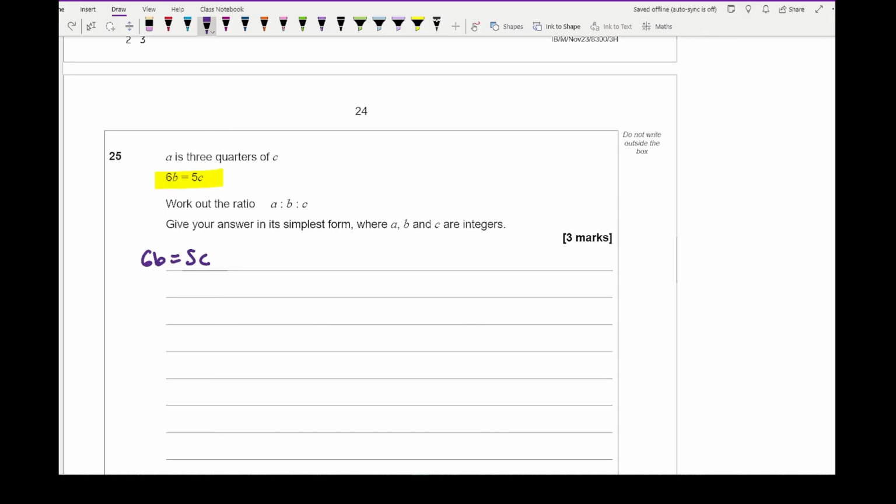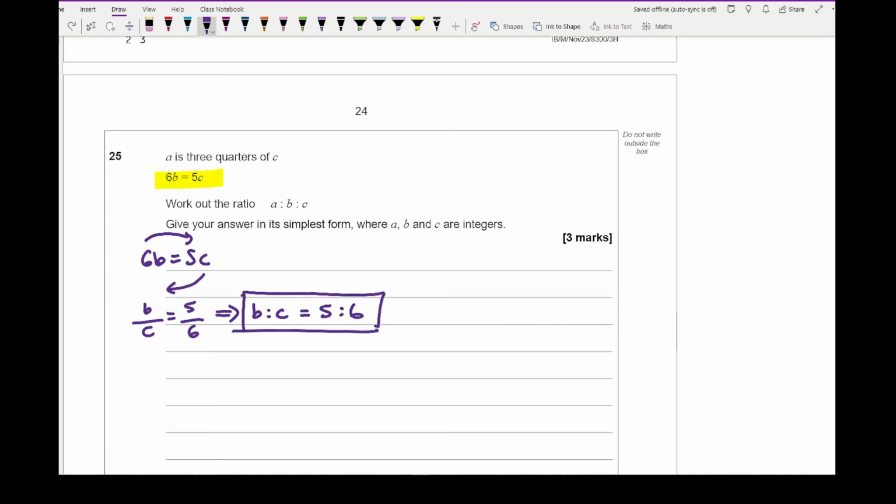So if I take the C over to this side and the 6 over to this side, I end up with B over C equals 5 over 6, and that turns into the ratio of B to C is equal to 5 to 6, and I'm just going to put a little box around that.